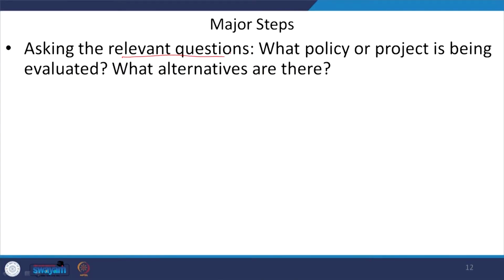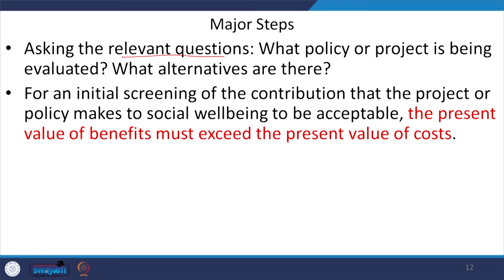And if yes, it is needed because of certain issues that are encountered, then we need to explore what alternative options there are in order to tackle the same problem. So, asking relevant questions is necessary for the first step of the benefit cost analysis.